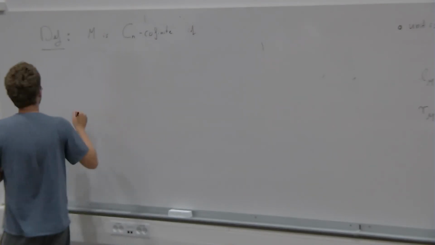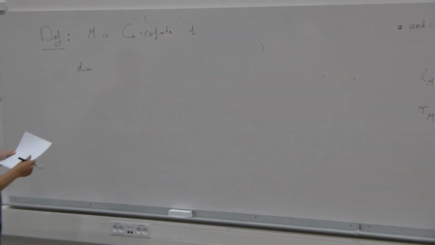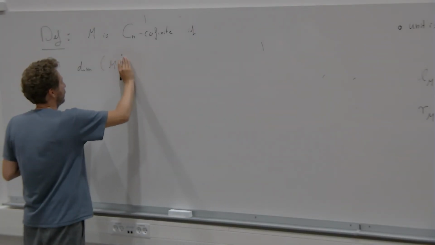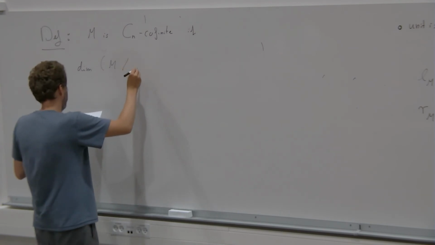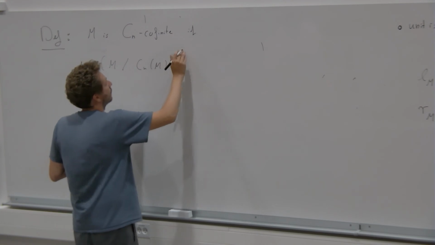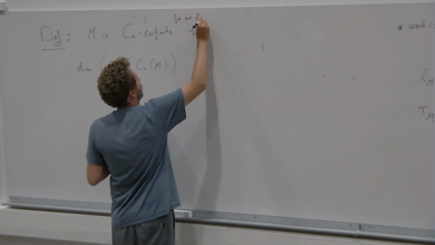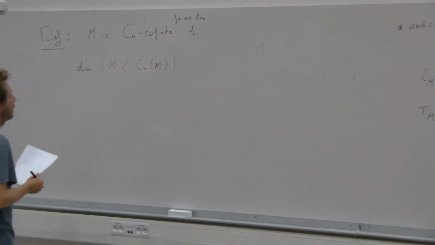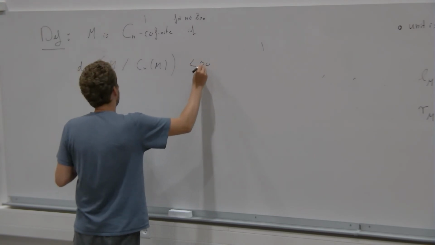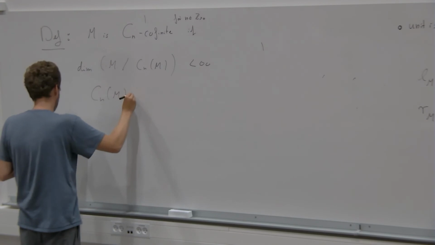if a certain subspace called Cn has finite codimension in M, where n here is a positive integer, and this Cn subspace is the following subspace.